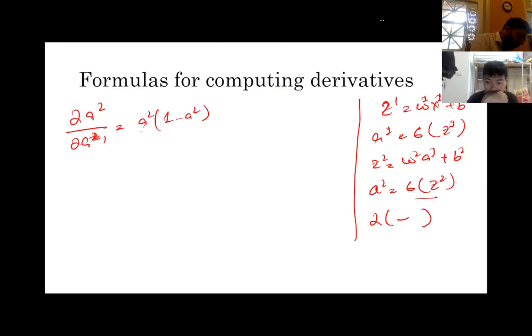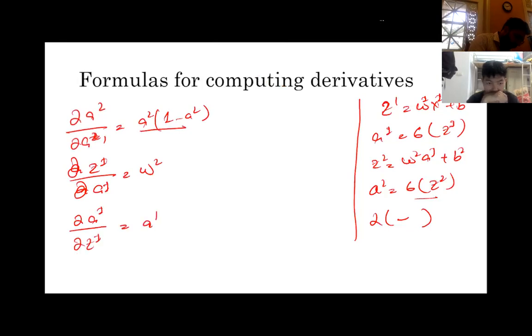Okay, so then next we have to find the derivative of z2 with respect to a1, and this is w2. Next we have to find the derivative of a1 with respect to z1.